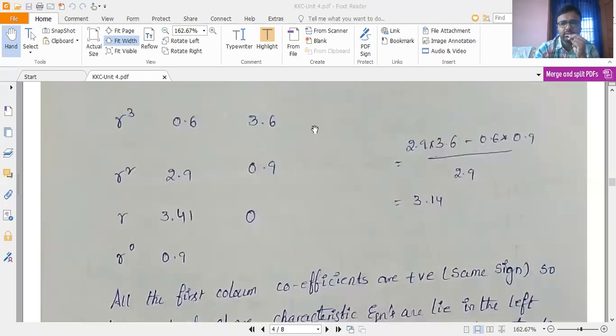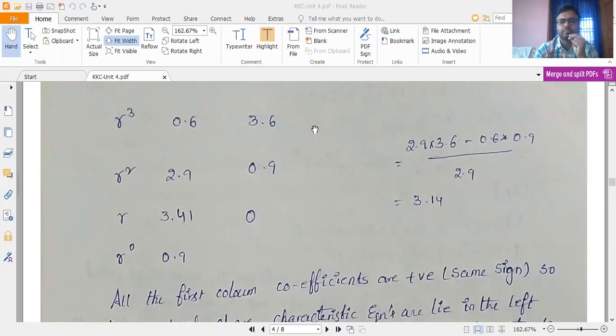In the previous class we saw how the bilinear transformation is going to be applied and how the stability is going to be checked.